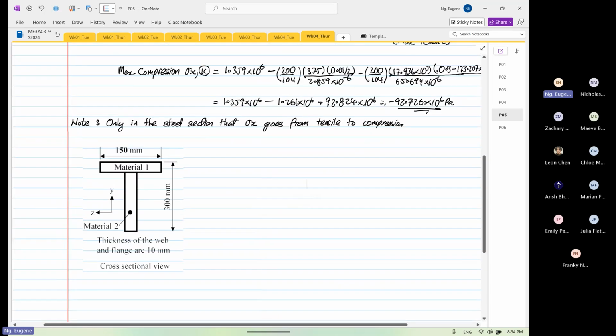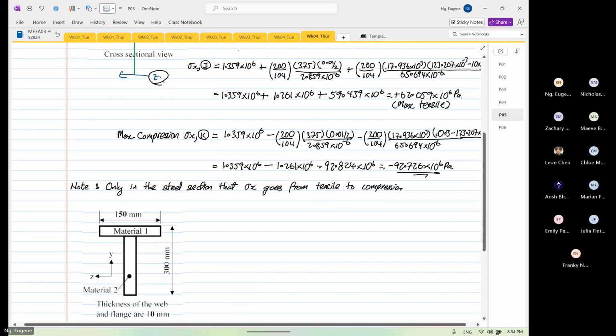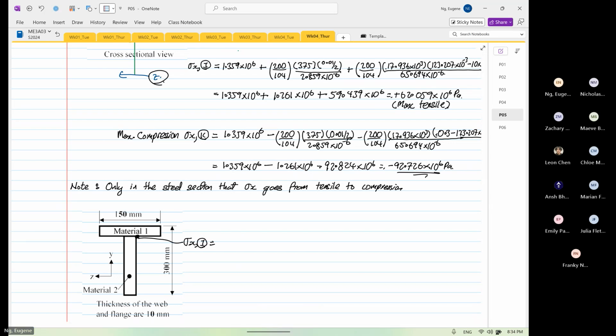So if we look at this again, we know that at this point over here, at point I, our stress X at point I is equal to 62.059.